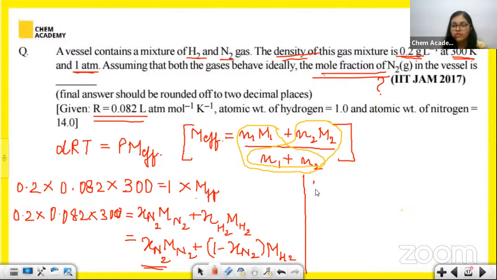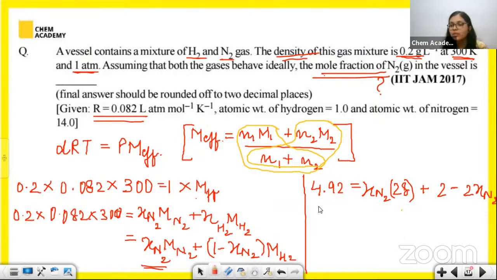So the left hand side would come out to be 4.92. It is chi N2 into molar mass of N2, which is 28, and we know the molar mass of H2 is 2, so we will open up the brackets here: the molar mass of H2 is 2 minus 2 into the mole fraction of N2.